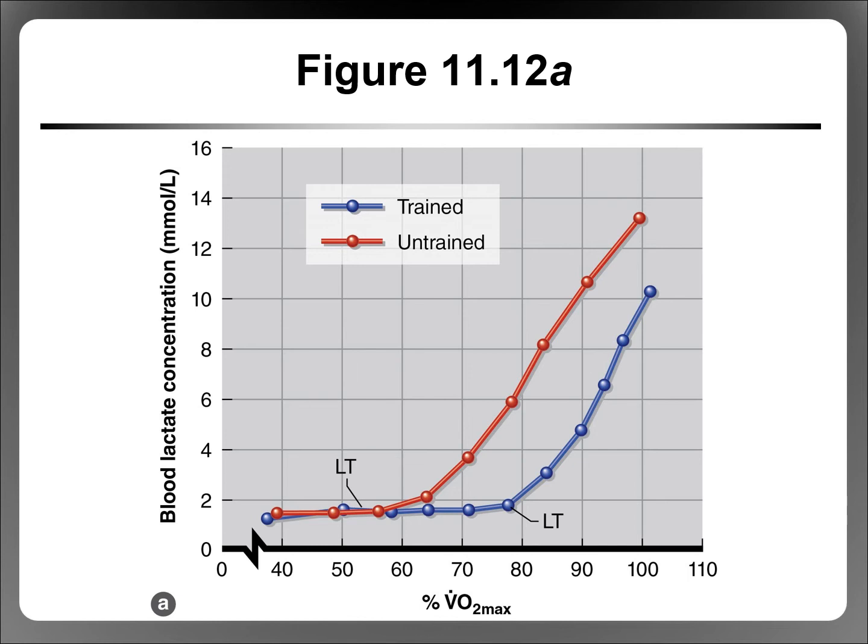So in our untrained individual, we can see this happening at somewhere around, I'm going to call it 58% of the VO2 max, and then this highly trained individual isn't occurring until 80%. So when we look over here, let's say they both max out at 100% of their VO2 max, an individual who is trained only accumulates around 10 millimoles of lactate, while an untrained individual is accumulating around 13.